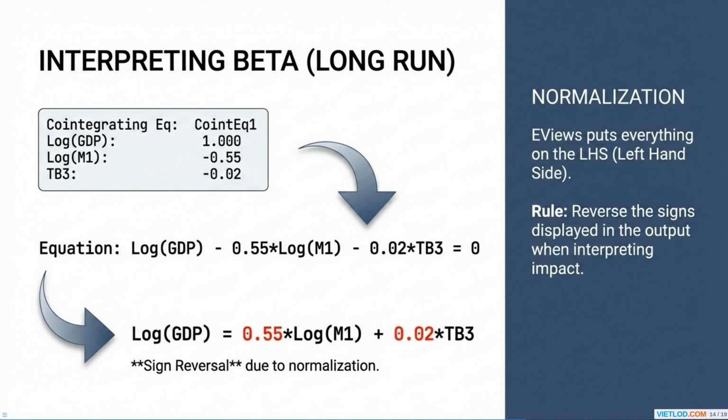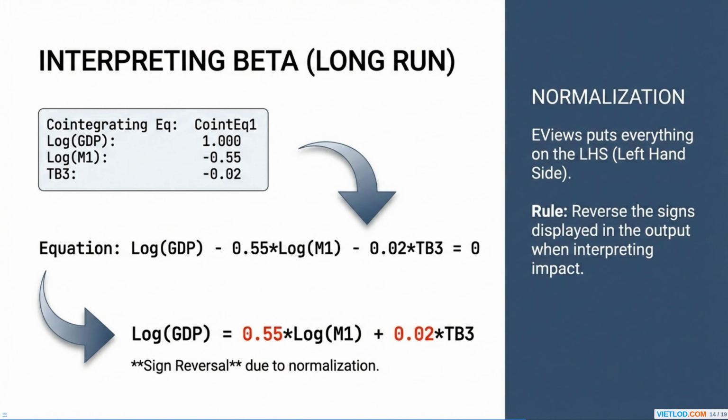The alpha coefficients represent the dynamic adjustment speeds, indicating how quickly variables return to the long-run equilibrium after a shock. It's important to remember that standard errors in the output are typically presented in parentheses, while t-statistics are in square brackets. This distinction is crucial for correctly assessing the statistical significance of the coefficients.